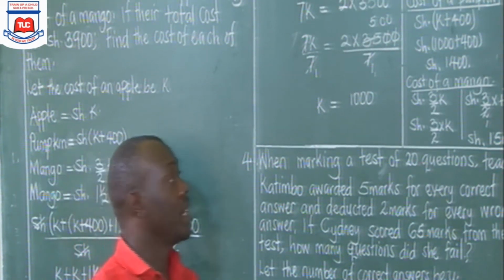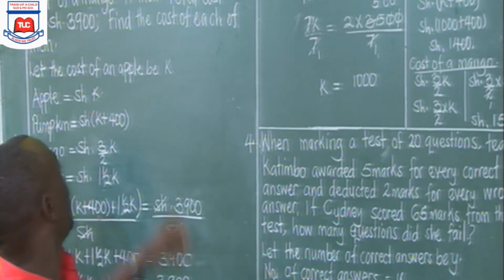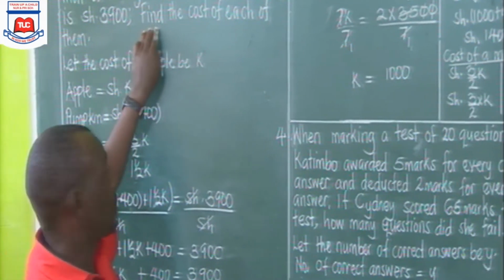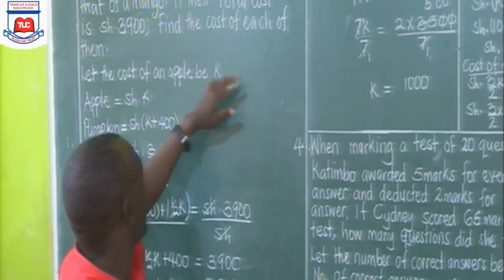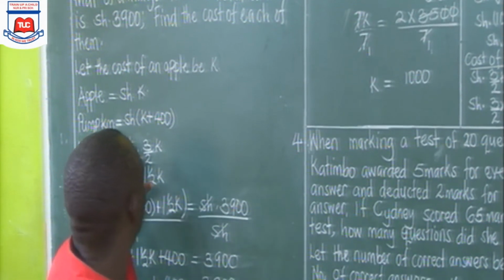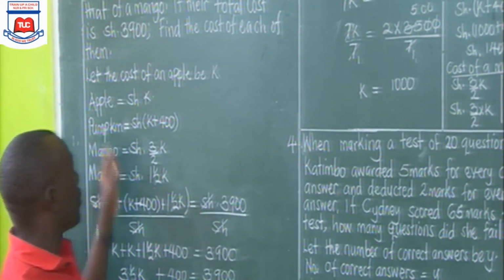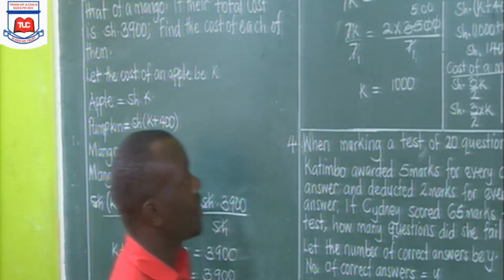Remember not to get tired before you reach the final answer. The question reads, find the cost of each of these items. Remember the items are 3: apple, pumpkin, and mango. So they want the cost of each of those 3 items.